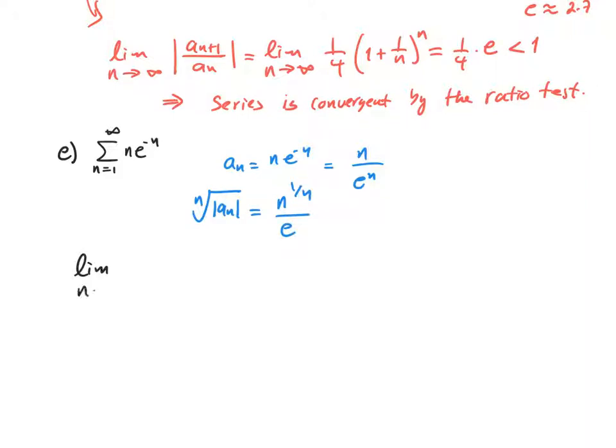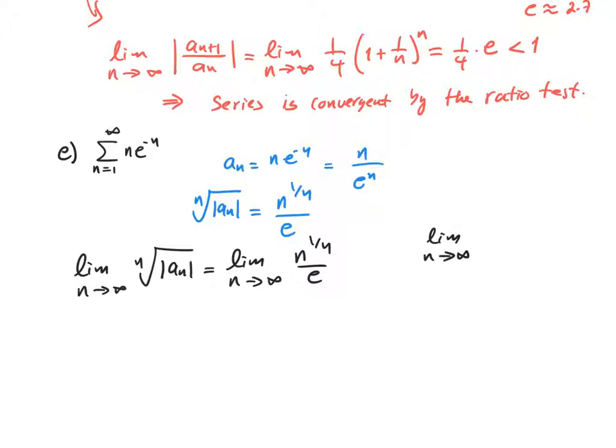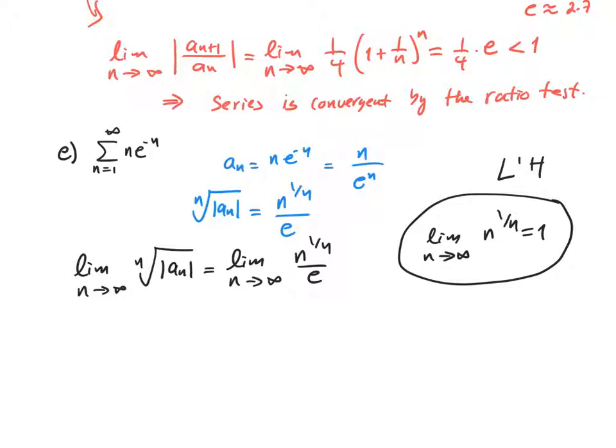Then the limit as n goes to infinity of the root is the same thing as the limit as n goes to infinity of n to the 1 over n, over e. Recall that the limit as n goes to infinity of n to the 1 over n is just equal to 1 by L'Hopital's rule.